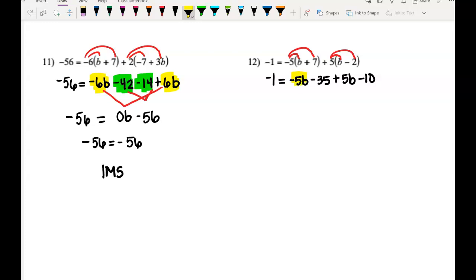So again, I have a negative 5b and a positive 5b. What do those add up to? Yeah, I have 0, so negative 1 equals. And then I have a negative 35 and a negative 10.